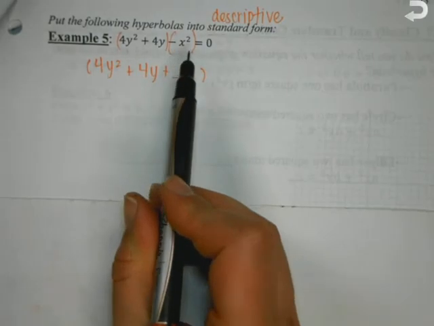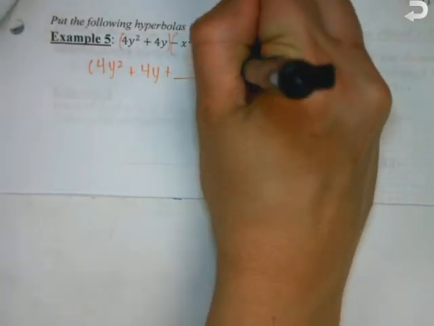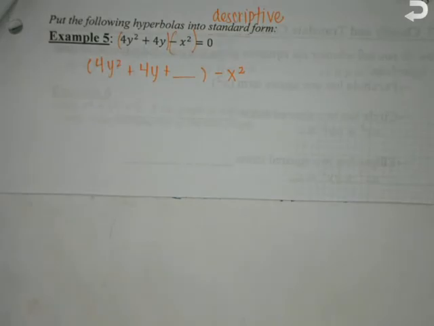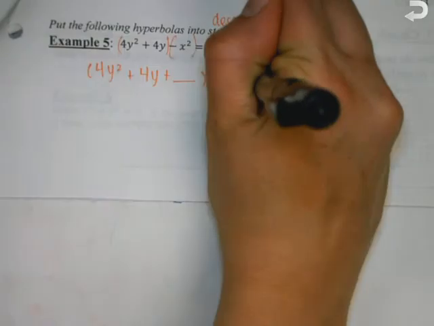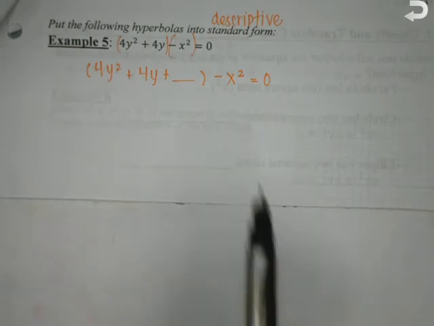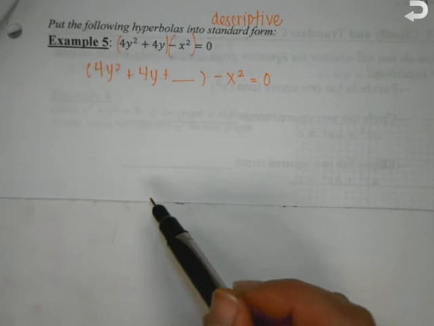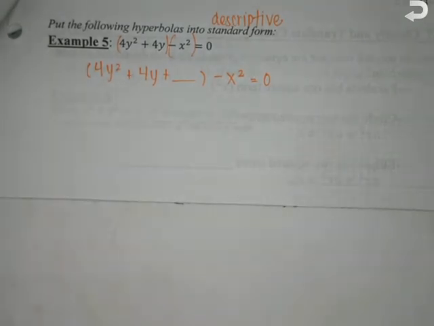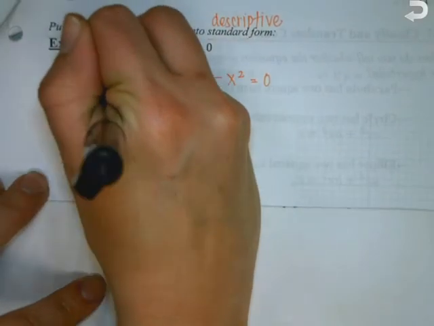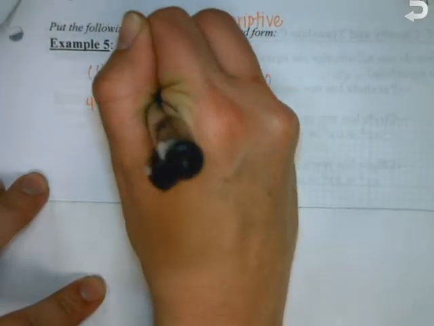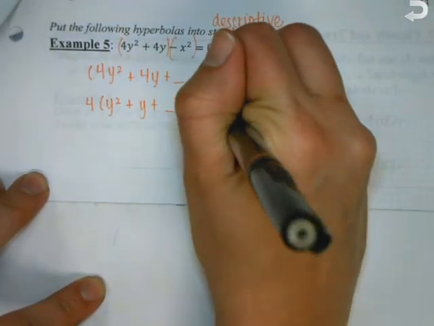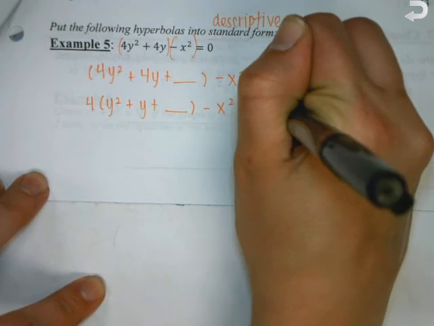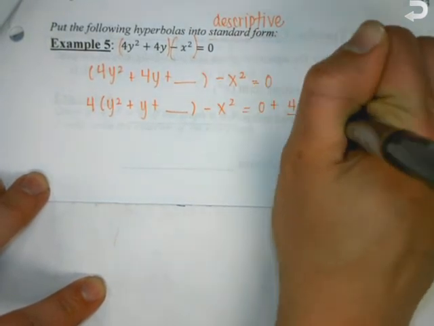What do I have to do before I can complete the square? GCF of 4. So let's pull out a 4. Minus x squared equals 0 plus 4 times blank. And what goes in the blank? Wait, this was a 16.